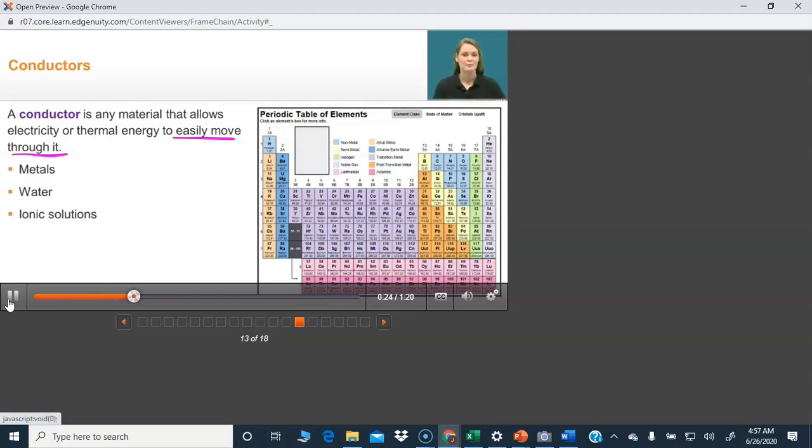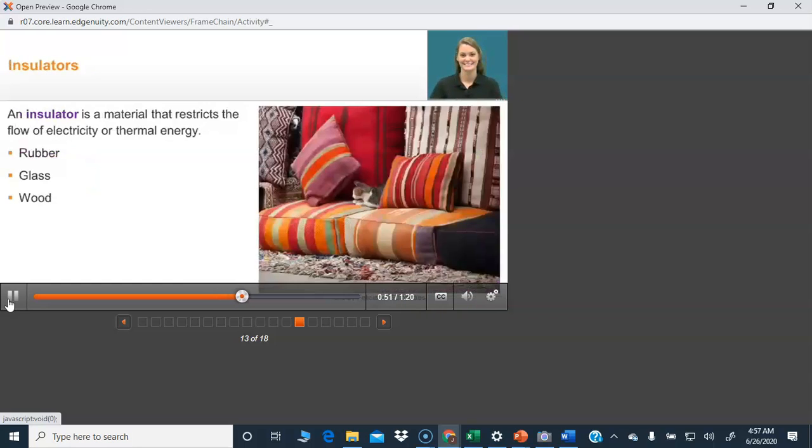The higher the number of free electrons, the greater the conductivity. Most metals have free electrons, so most conductors are made out of metal. On the periodic table, if you draw a line right about here, everything to the left of that line is a metal. Other good conductors include water and any solution that contains ions.